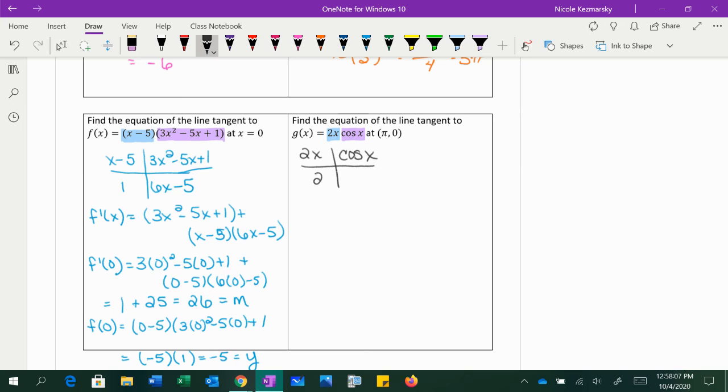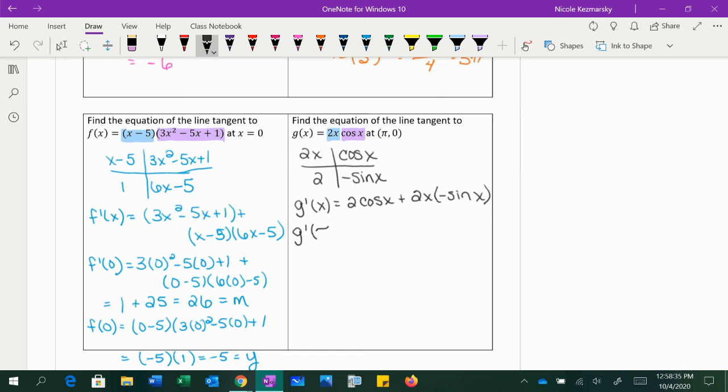Derivative of 2x is 2. Derivative of cosine is negative sine of x. So g prime of x, starting in the lower left, is going to be 2 cosine of x plus 2x times negative sine of x. I'm going to plug in my x value because I need that slope at that point.